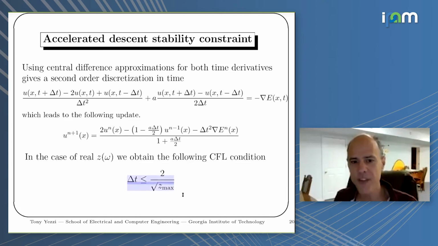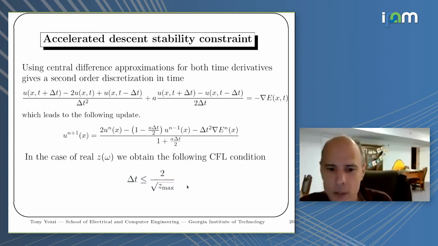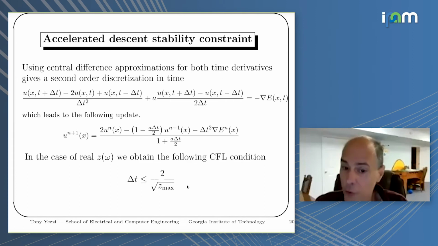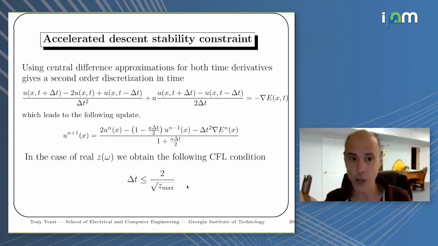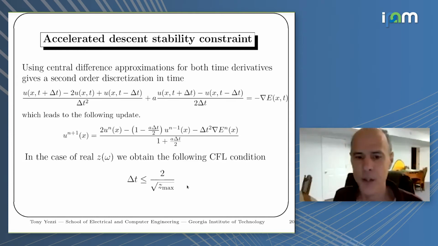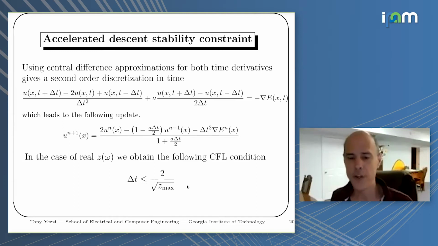So you notice that we've gained in a significant way, in that now it's 2 over the square root of the maximum value of the gradient amplifier. That's extremely significant in the elliptic problems that we're going to be looking at that are highly regularized. It gives you a huge benefit in terms of being able to numerically implement this much faster than you would with gradient descent. Plus, of course, all the other benefits that come with acceleration, but you get this numerical benefit as well.